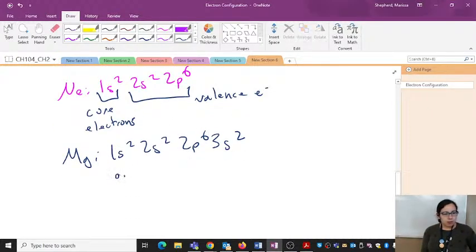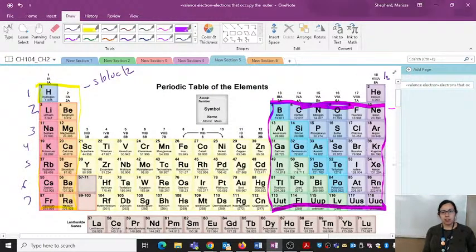But we could also write our abbreviated electron configuration. To do that, you want to find the previous noble gas. You could use helium if you were looking at lithium. But since now we're at magnesium, the previous noble gas is neon.